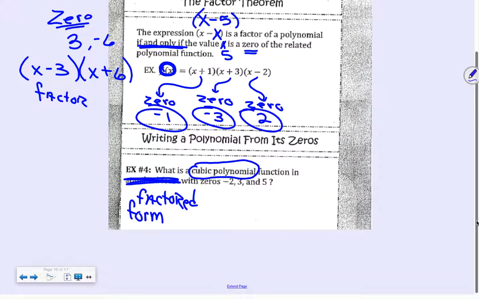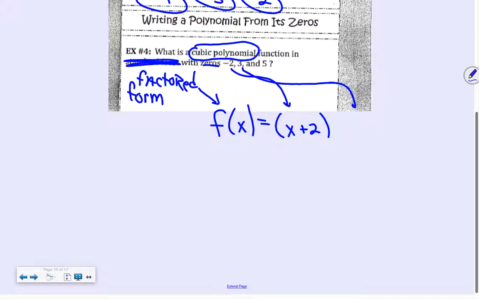How do we do that? If you want factored form, here's your function: f of x equals, now remember this is a zero, negative 2, so it'd be x plus 2, times x minus 3, times x minus 5.